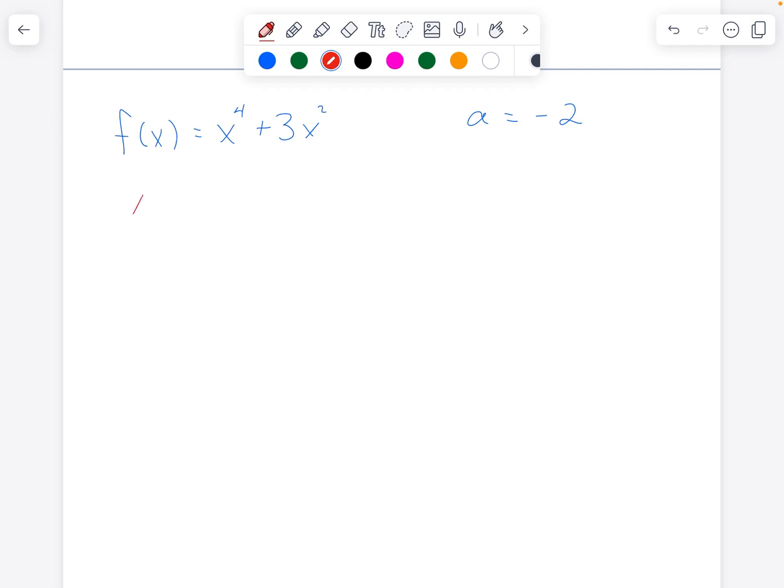So my linearization is f of a plus f prime of a times x minus a. And the things we plug in for are here, here, and here.